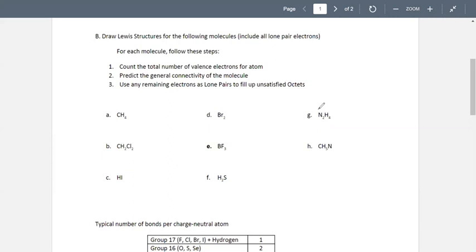So the first thing is to find out how many valence electrons are here. So how many valence electrons does nitrogen have? Then we're going to do CH2Cl2 second time, okay? We'll do that. For nitrogen, there are 5. So 5, and there are 2 nitrogen atoms, so 5 times 2, and hydrogen has 1 times 4.